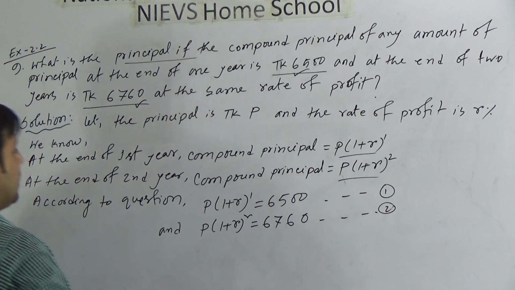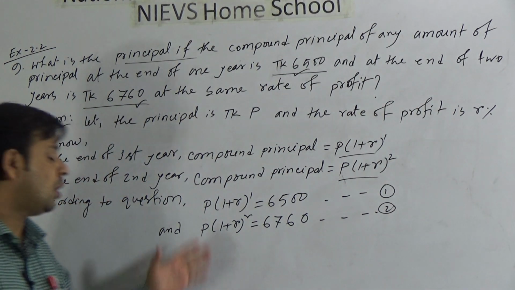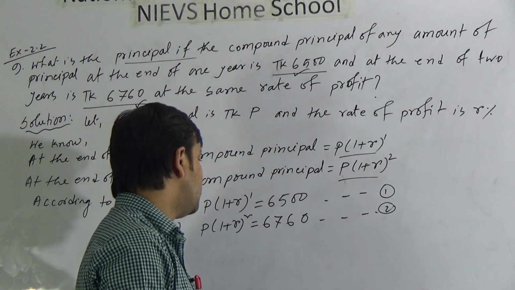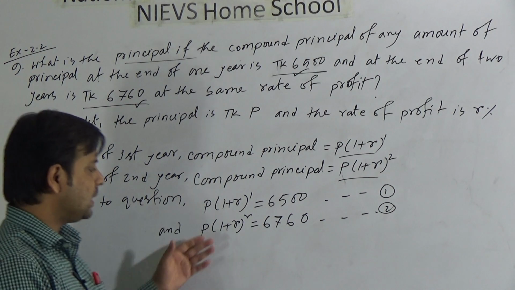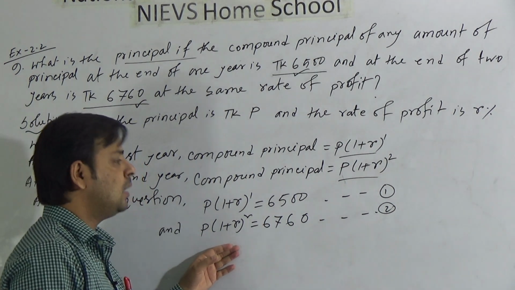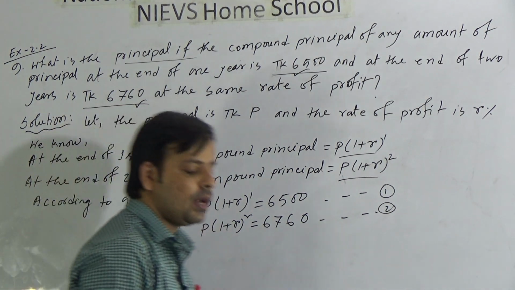Now we need to determine the value of P, as P is the principal. Solving these two equations, dear students, to solve these two equations you can remember a technique: if you divide equation 2 by equation 1, you will get the value of only 1 plus r.